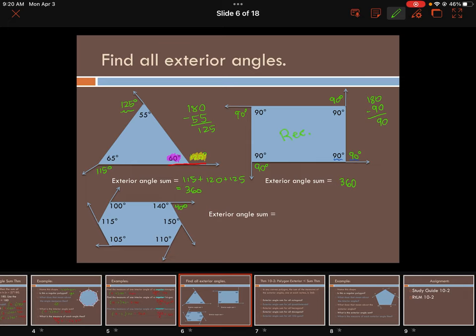I'm going to find all of the exterior angles first. Then I'm going to add those together. It might take me a while to write this, but you should be typing this into your calculator. You're adding up these 6 numbers.